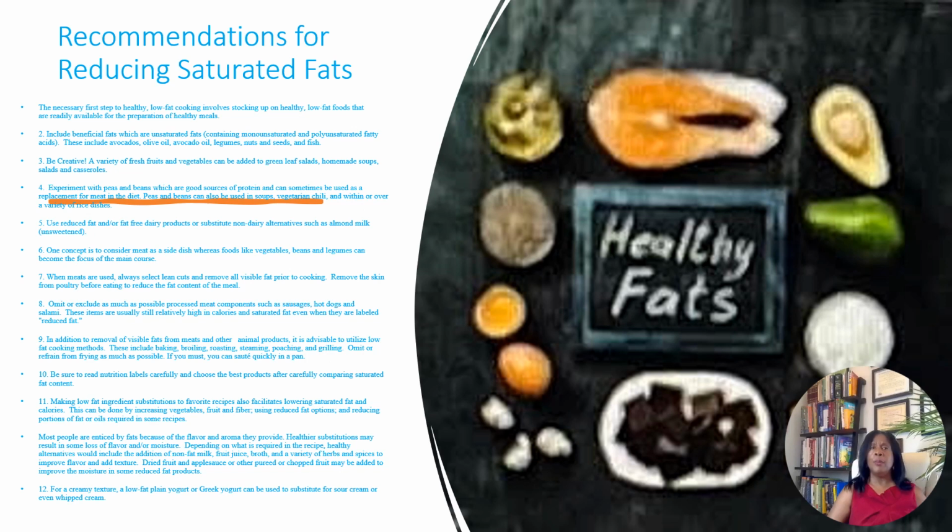Either totally omit them, exclude them, or reduce consumption as much as you can. I really don't recommend those. These items are usually still relatively high in calories and saturated fat, even when they are labeled reduced fat.